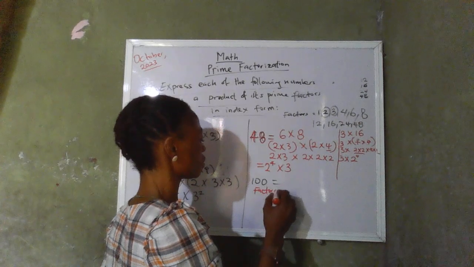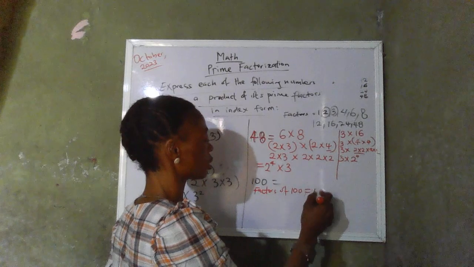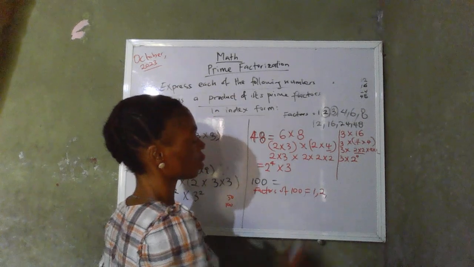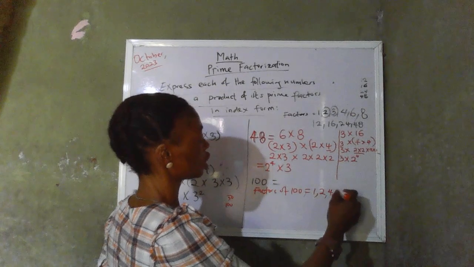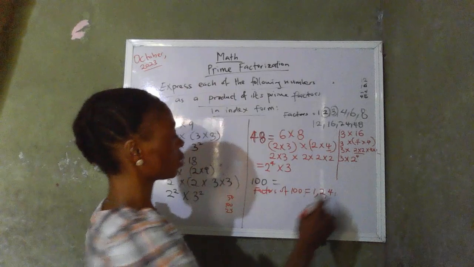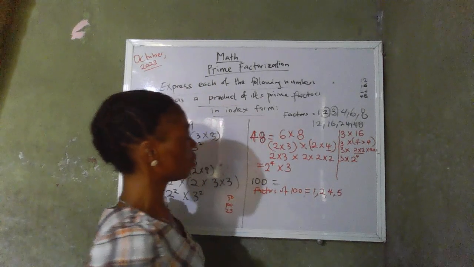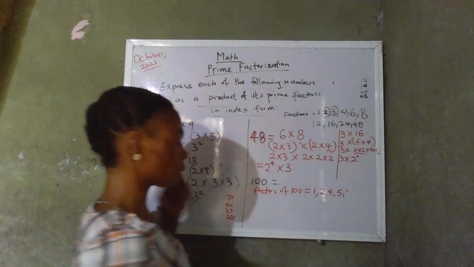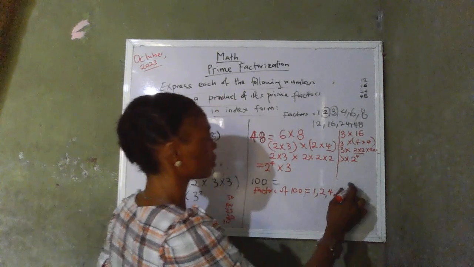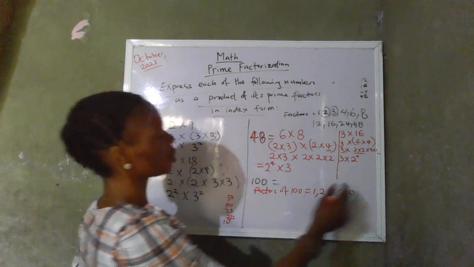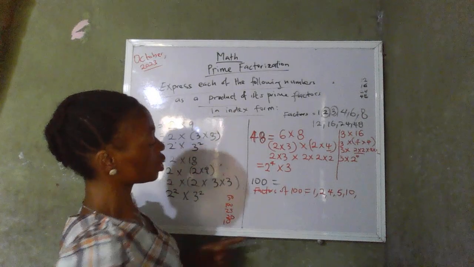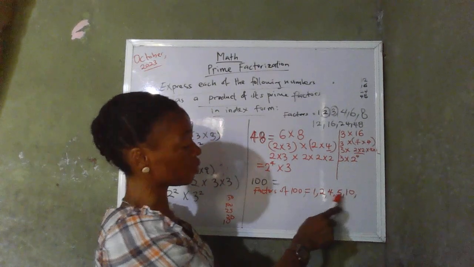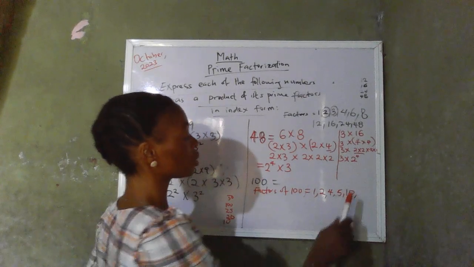We have 1 multiplied by 100, 2 multiplied by 50, 4 multiplied by 25, 5 multiplied by 20, and 10 multiplied by 10 gives us 100.